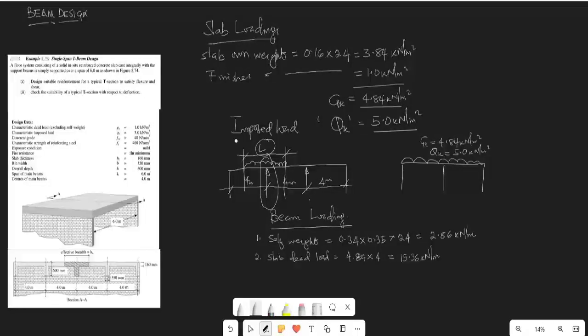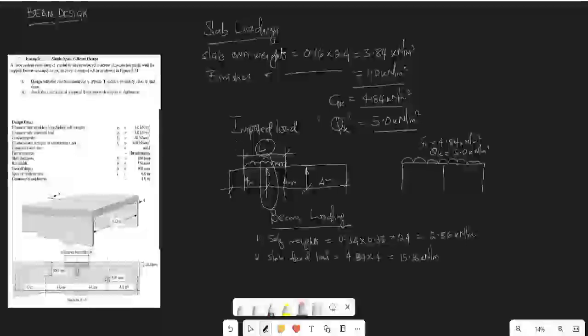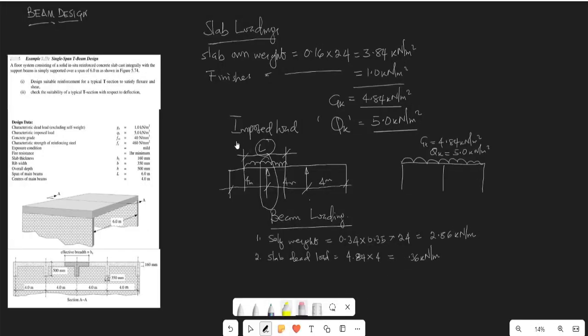So 0.16 multiplied by 4 multiplied by 24, that's 19.36 kilonewton, not 15.36.